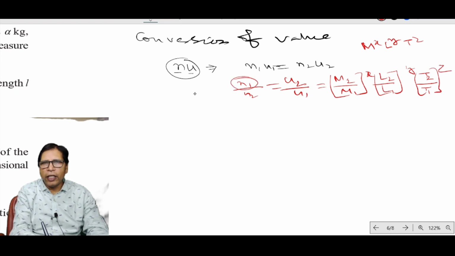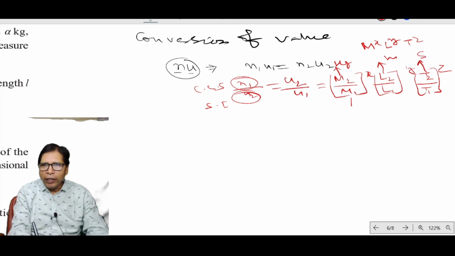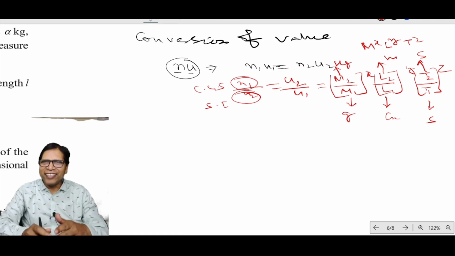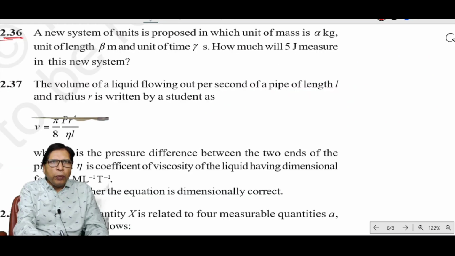Suppose N1 is the CGS value and N2 is the SI value. So M2 becomes kg, L2 becomes meter, and T2 becomes second. As N1 is the CGS value, this is gram, centimeter, and second. Okay, understood?